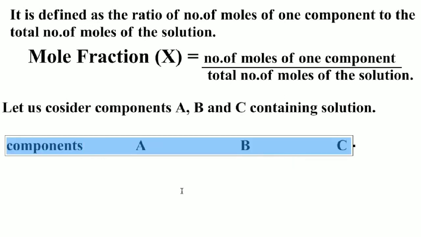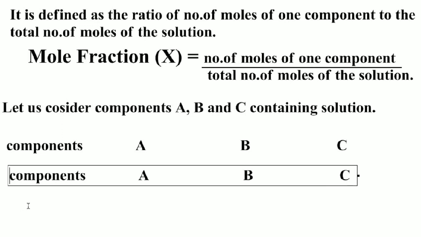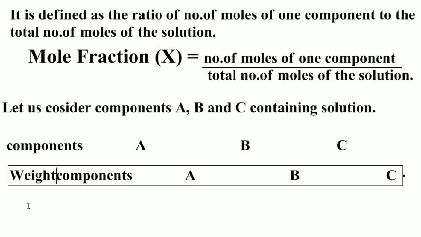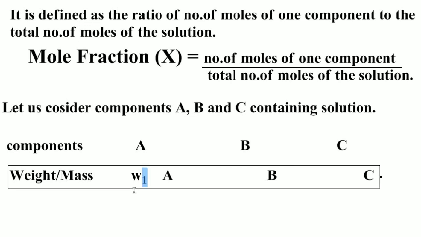Now let us assume the weight or mass of the components A, B and C. Let us assume the weight of component A as W1 and the weight of component B as W2.